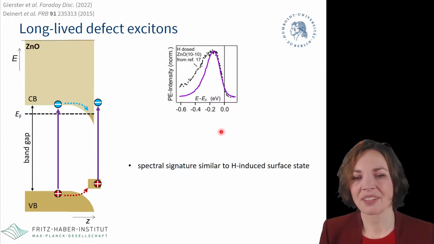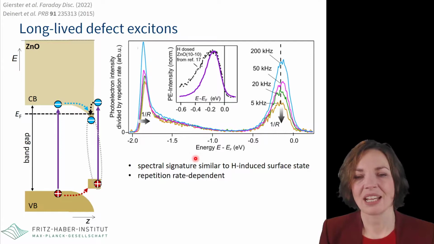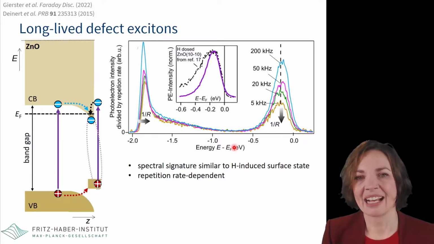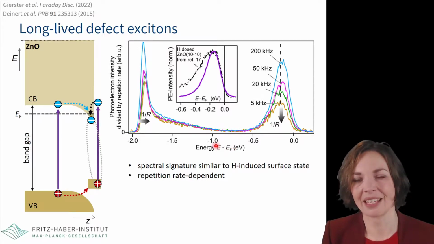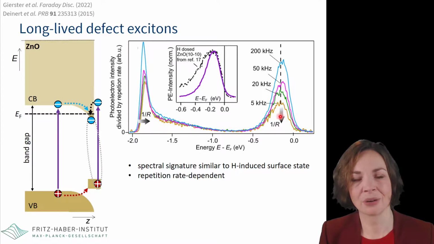Now, think about defect excitons. So this feature actually has a lifetime. It's not an occupied state that is always there, but its intensity depends on the repetition rate of our laser system.